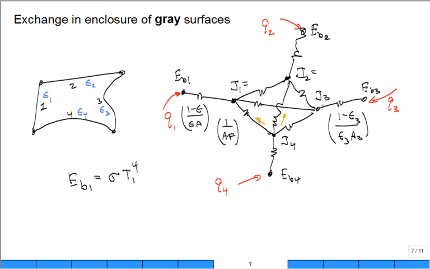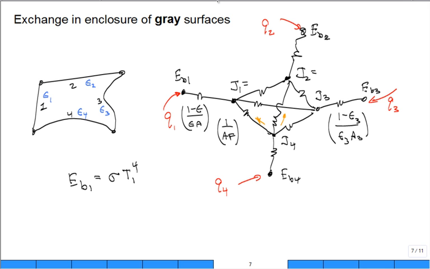J is called the radiosity. It's some measure of net outgoing radiative flux from a surface. How am I going to calculate it? Is there an easy way to relate it back to the temperature of surface 1? Not really. It's more complicated now, isn't it? And often you have to solve for the whole network to get the J values.